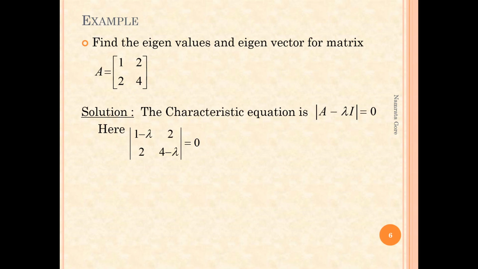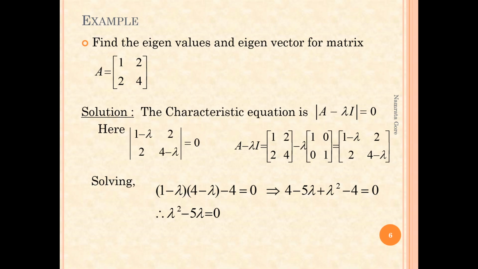Here in this particular example, this equation will take the form determinant of [1 minus lambda, 2; 2, 4 minus lambda] equal to 0. This we get from solving A minus lambda I in this particular way. Here the order of the matrix A is 2, so the order of the identity matrix is also 2. It is also a 2 by 2 matrix.